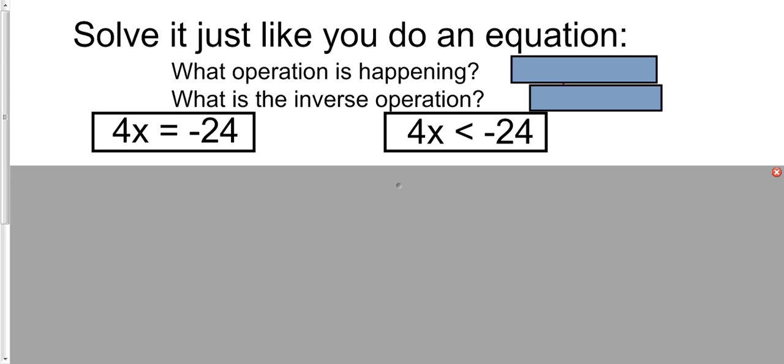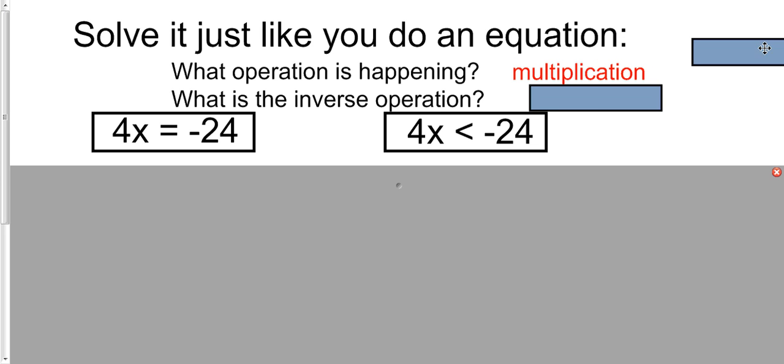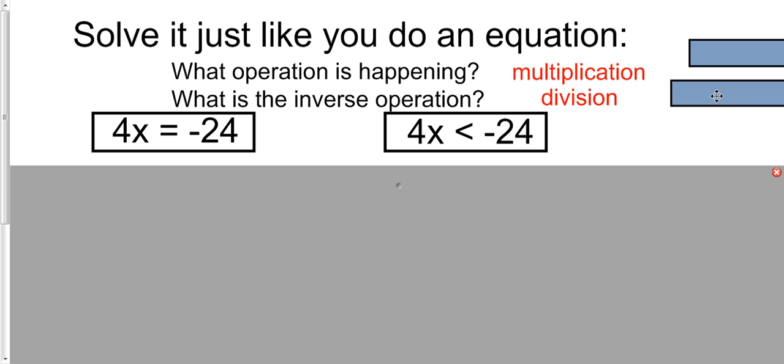So make sure you realize the difference that the word "is" makes. How do we solve inequalities? We will solve them just like you do an equation. When we looked at the equation 4x equals negative 24, we asked ourselves what operation is happening. That's multiplication, of course. What is the inverse operation of multiplication? That's division. Same thing with our inequality. This is multiplication, and the inverse that we would perform is division.